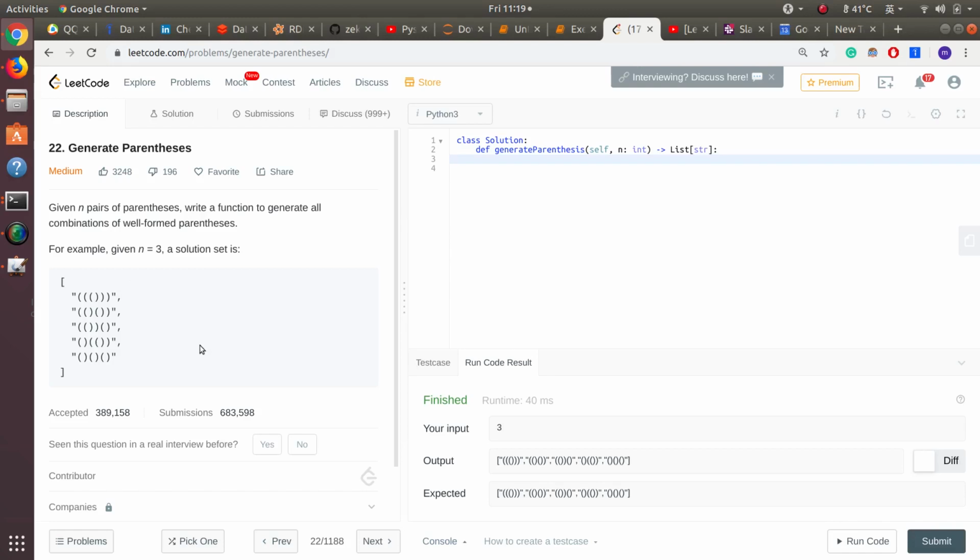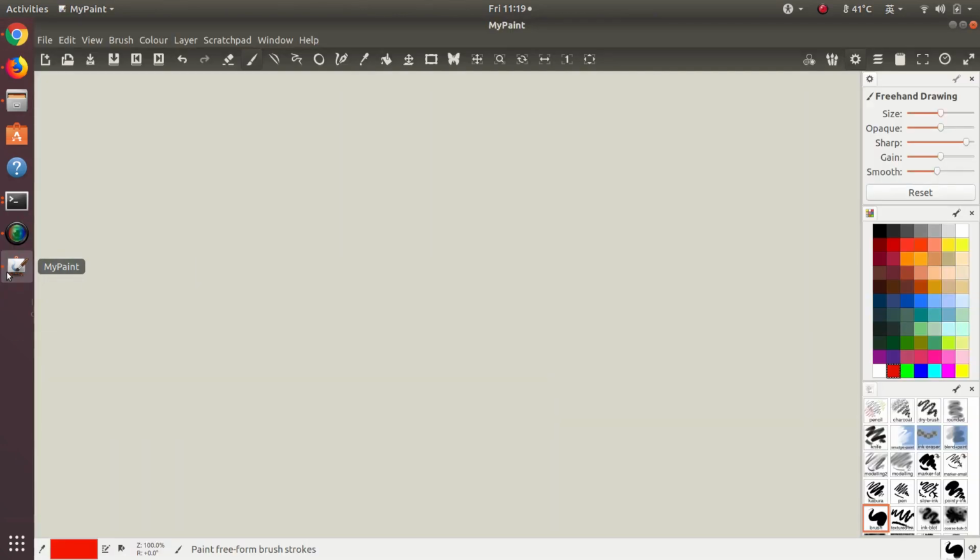So how about we start from a graph to see what kind of thing we can find. If we start with a root node, because it's a parenthesis, it has to start with a left one. So it's like left one. And then for the left one, we start from two routes.